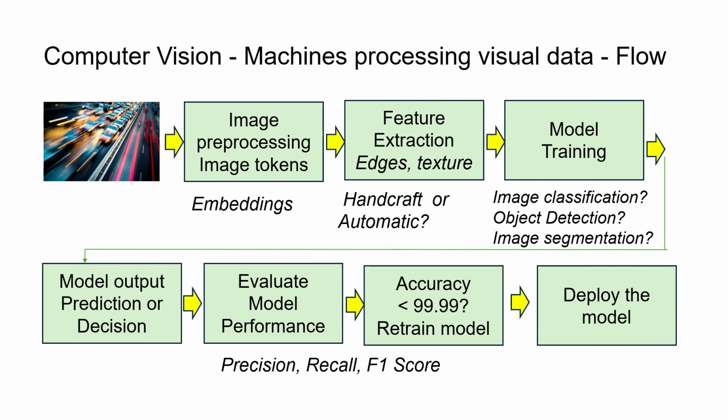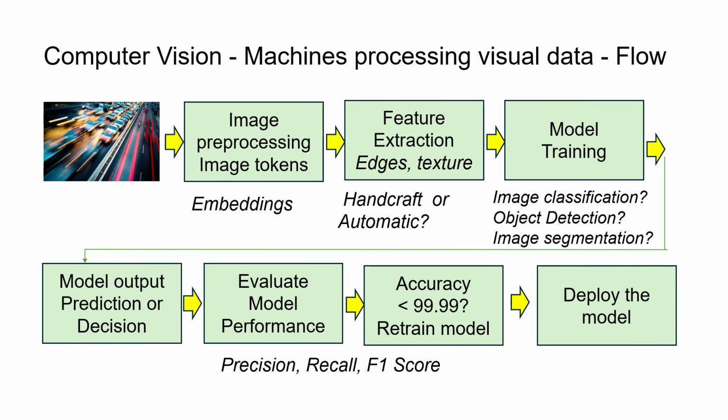Similarly, image segmentation is used for applications like street scenes for self-driving cars. Computer vision not only recognizes the labeled objects like cars, people, and traffic lights, but also understands their relationship within the scene. We'll look into these algorithms in the next slide.